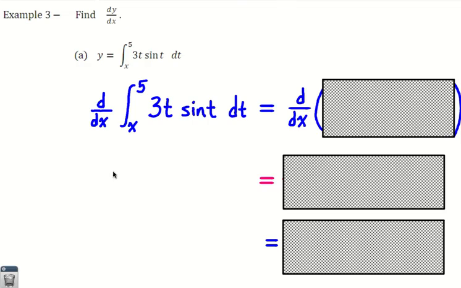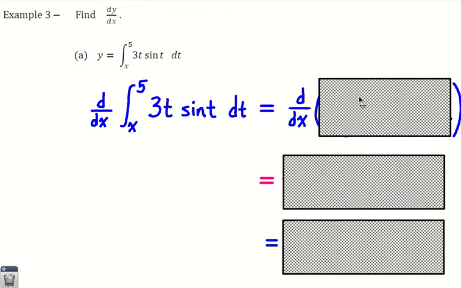So what do you think we're going to have to do here, how are we going to work this when the starting integral goes from x to 5 and not what we kind of need it to be? How do we flip an integral, basically? How do we flip the limits of integration?